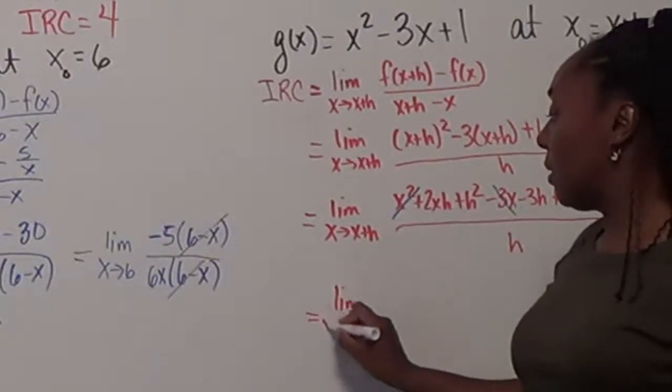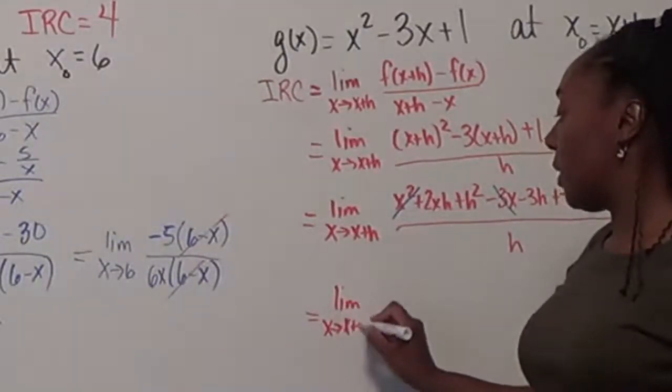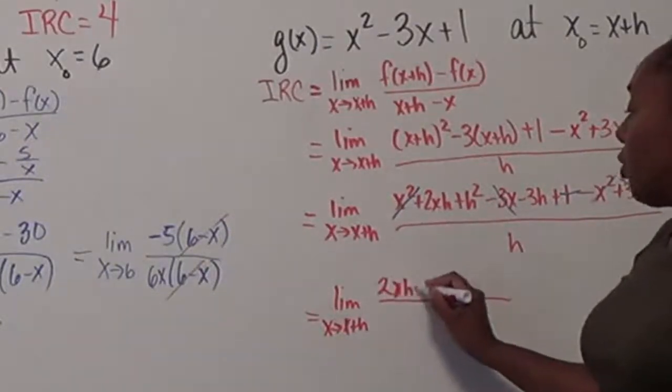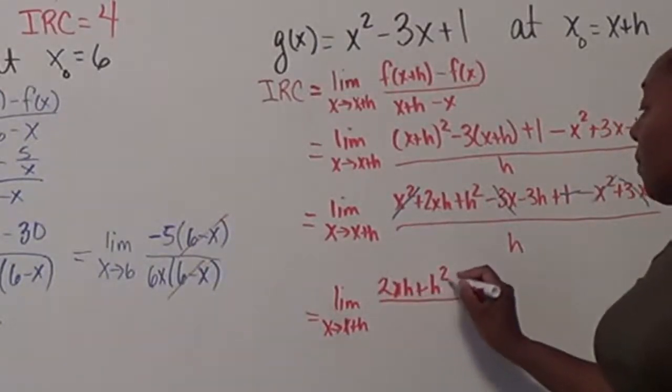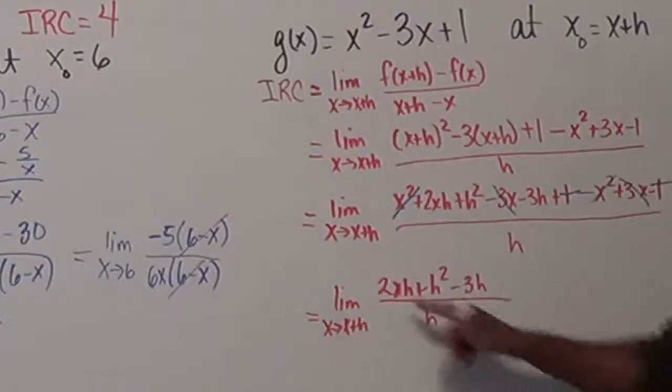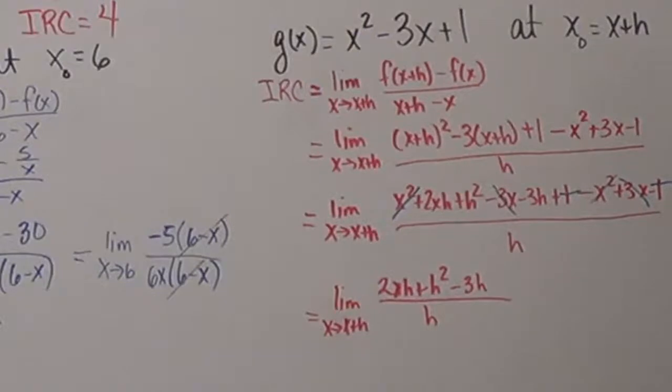So our limit as x goes to x plus h will look like 2xh plus h squared minus 3h all over h, which again we can see the h's will cancel out of everything. We get a 2x plus h minus 3.